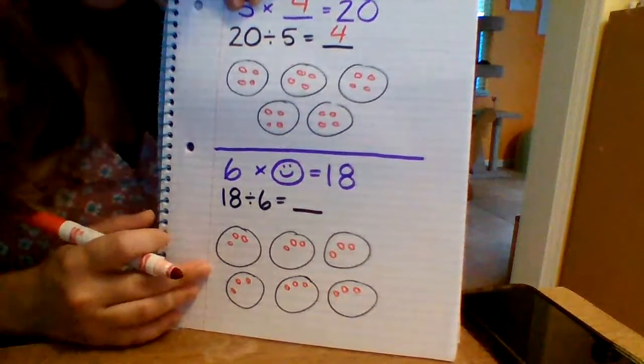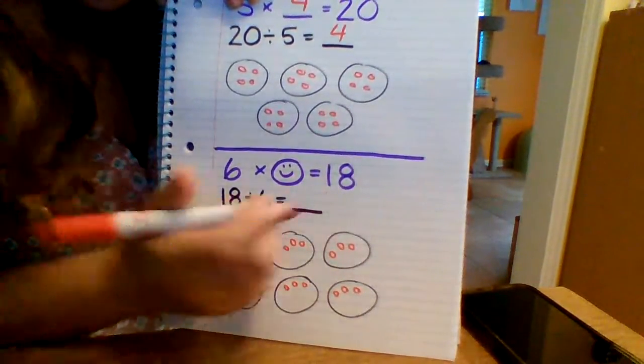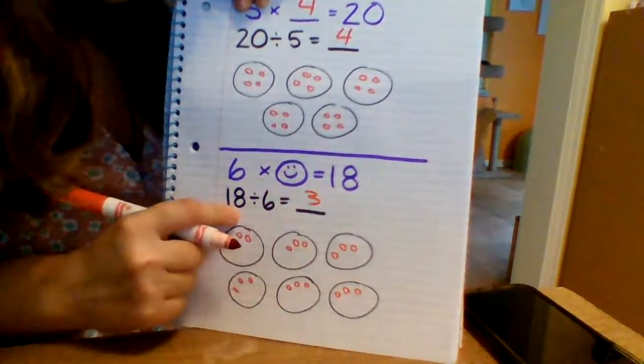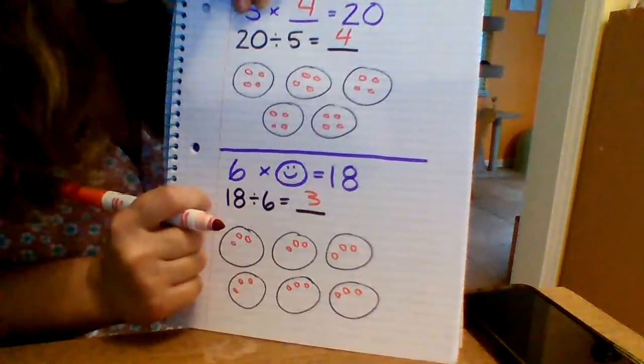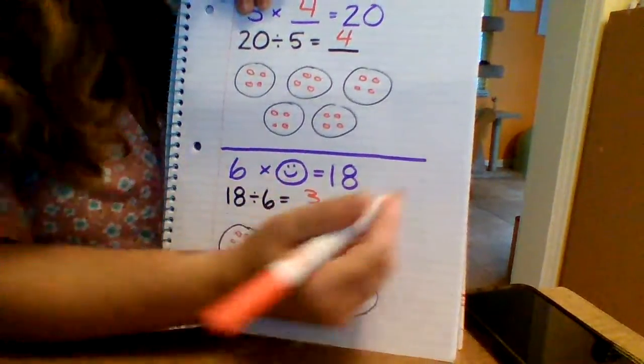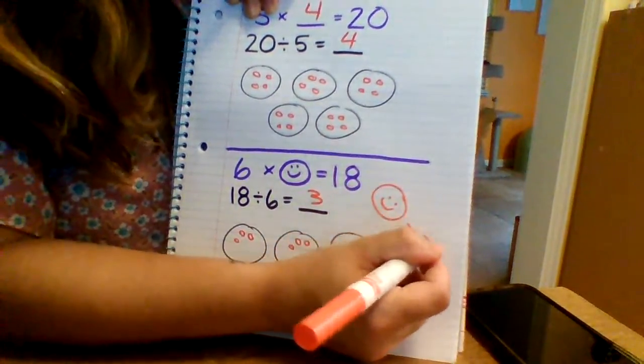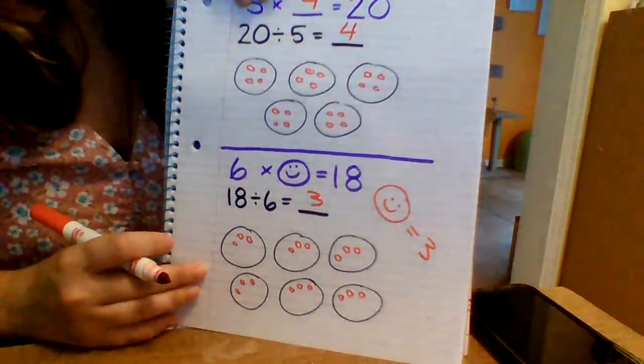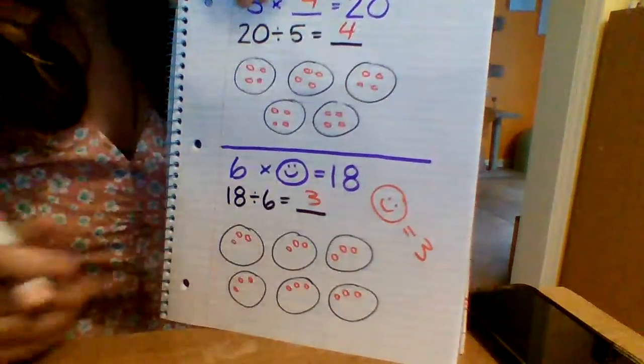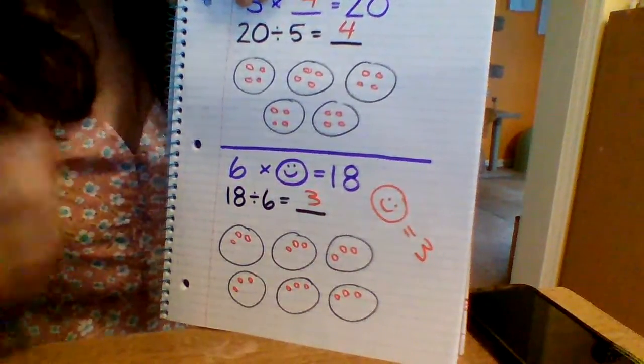How many counters are in each group? 1, 2, 3. So 18 counters divided by 6 groups equals 3, which means 3 must be the number that goes here. Maybe we'll say smiley face equals 3, right? 6 times 3 equals 18.